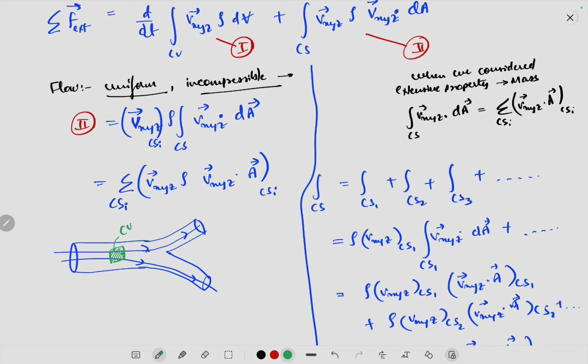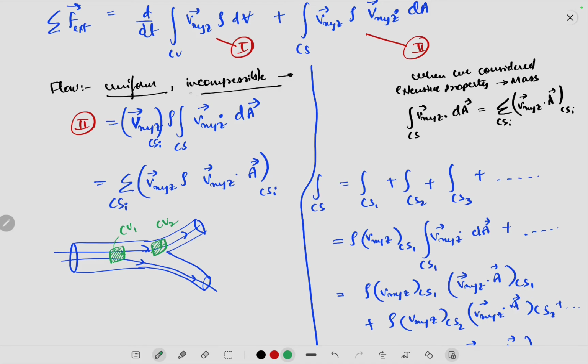Now if the flow is uniform, will the velocity vector be independent of the control volume that I choose? So let's say this is my control volume dV1, and this is actually dV2, this is cv2. Will this be independent of the control volume that I choose in this volume? The answer is no, right? So then I cannot take this vxyz out of this integral.